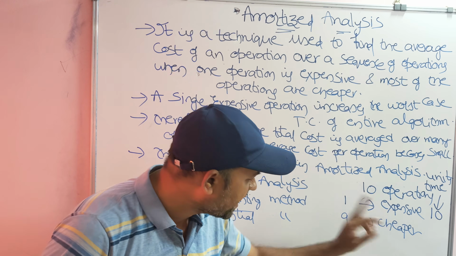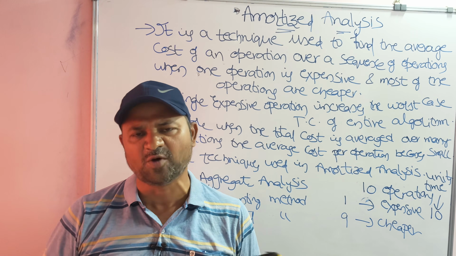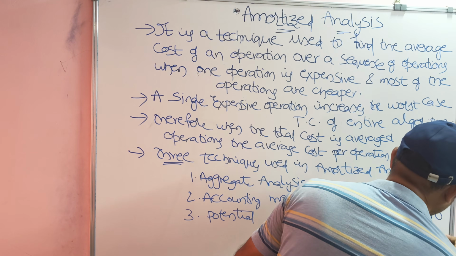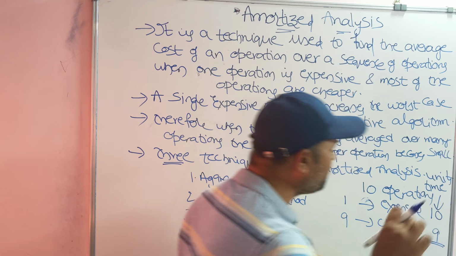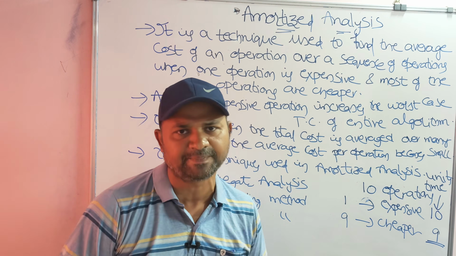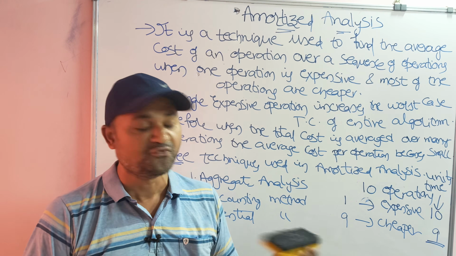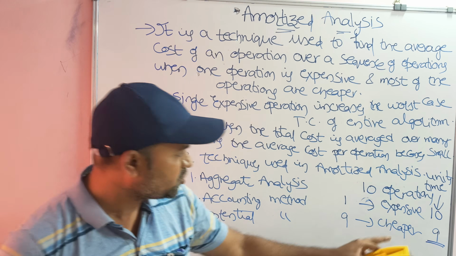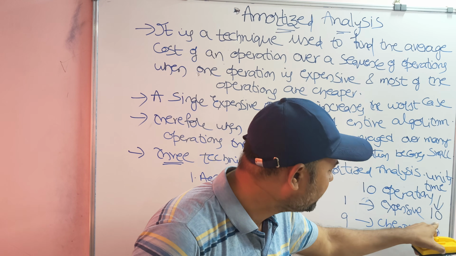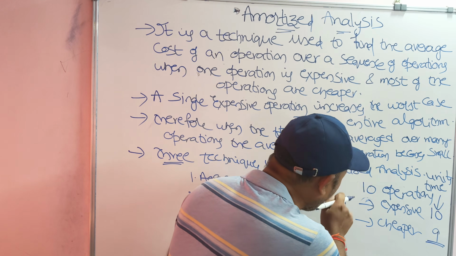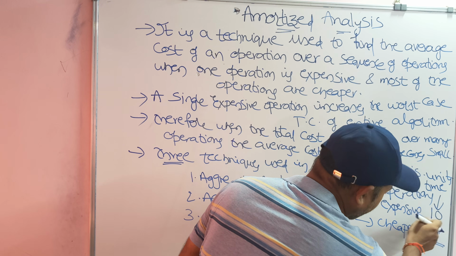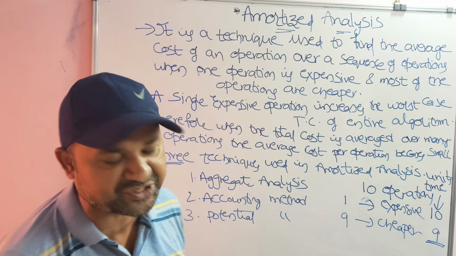So we have 9 cheaper operations. 9 into 1 is equal to 9. So totally 9 time units are required. Okay. So what is the worst case time complexity of this algorithm? Here, what is the most expensive one? For performing only this operation, the time complexity is 10 time units.